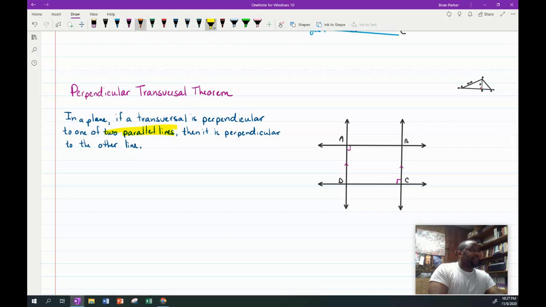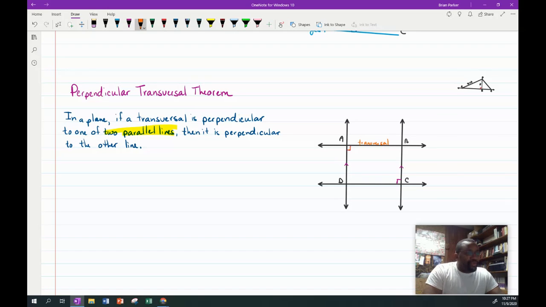So if we were to examine our image over here, these ones with the arrows, those are your parallel lines. So this would be the transversal that they're talking about, the transversal that is perpendicular to one of two parallel lines. We know it's perpendicular to this one because here we see the little right angle symbol, but we don't see one here.